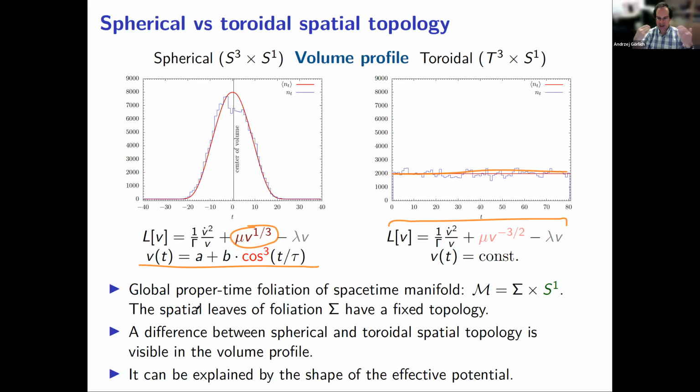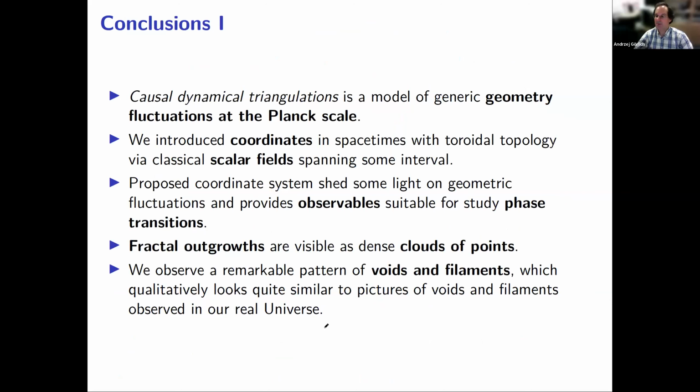And it can be explained by this effective action. And the difference that we observe is indeed what we observed in previous simulations without scalar fields for spherical and toroidal spatial topology. Okay, and I will conclude here.